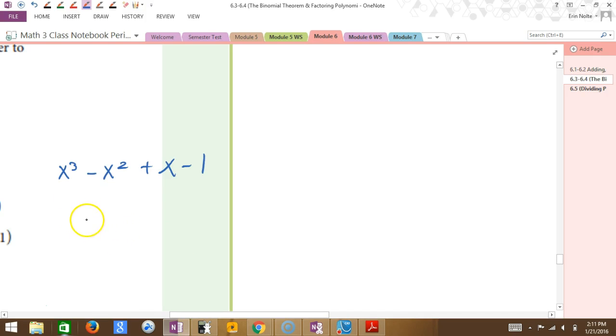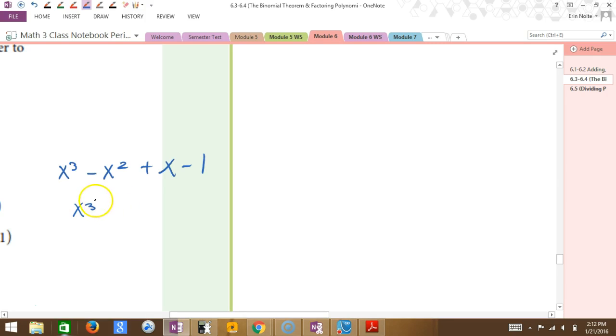So I'm going to do x cubed. Can I rearrange these terms however I want? Could I go like x cubed minus 1? Or could I not? Is that not allowed? I can do it because addition and subtraction is commutative, so it can move.